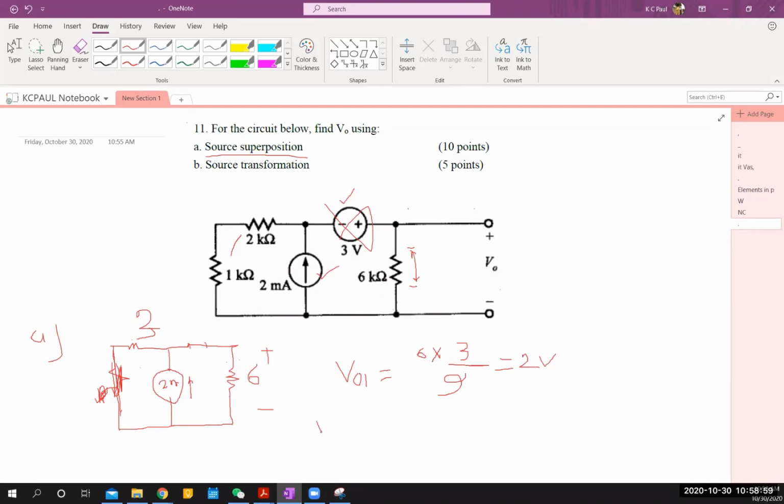So VO2 is equal to I6 times R6. We are thinking this one is R6. Anyway, are these 3 ohm and 6 ohm connected in series or in parallel for this circuit?